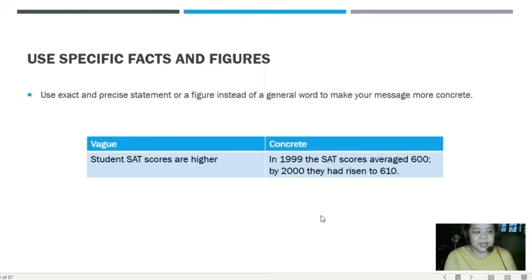That's very vague, very general. What do you mean higher? Higher by how many percent? To make it more concrete, you can say in 1999, the SAT scores averaged 600. By 2000, they had risen to 610. That's one way of making yourself clear by being specific with your facts and figures.